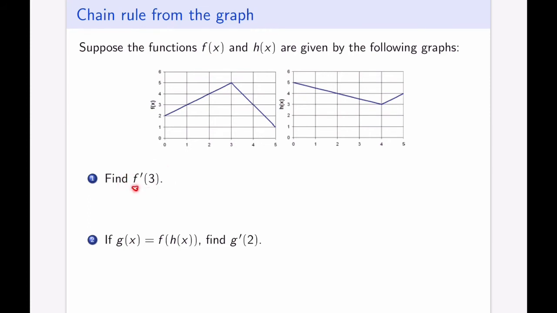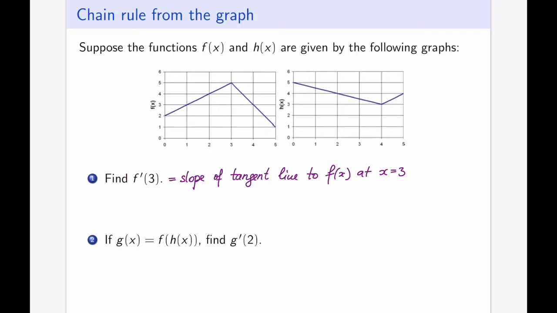So the derivative of the function f, given by this first graph, at the point 3. Remember that the derivative of a function is the slope of the tangent line at the point of interest. So in this case, f prime of 3 is the slope of the tangent line to the function f of x at the point x equals 3.